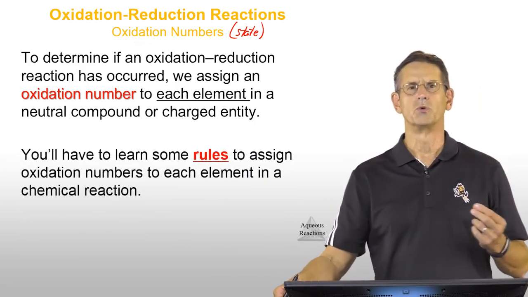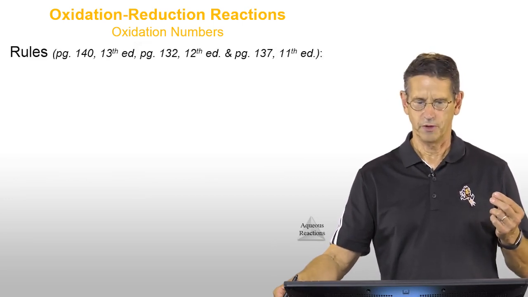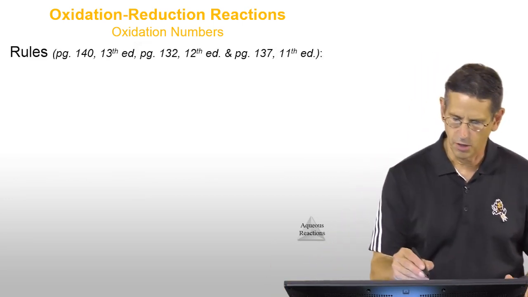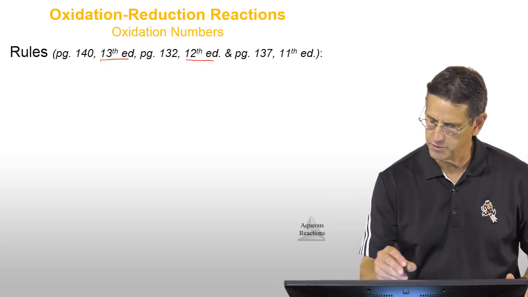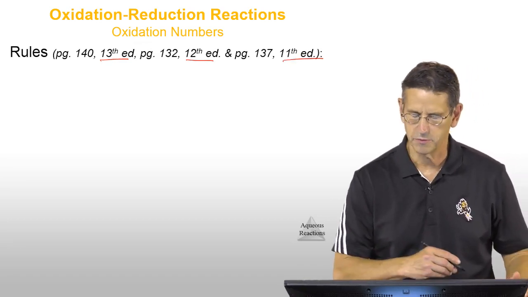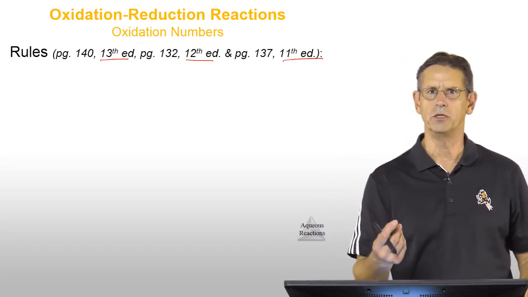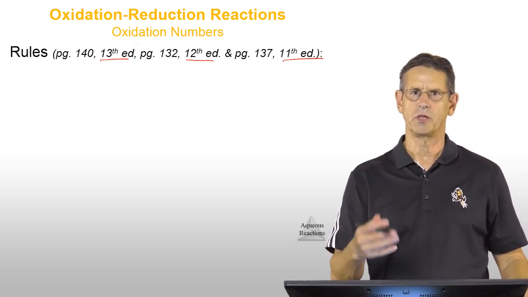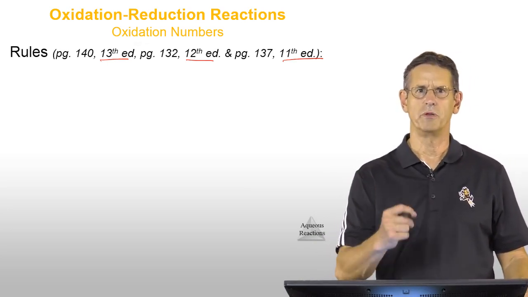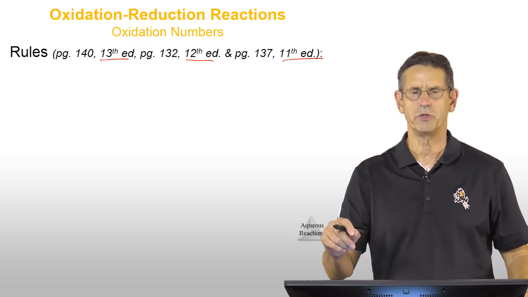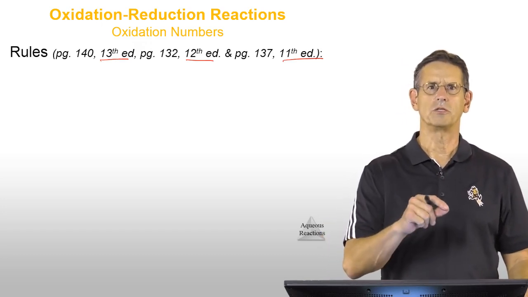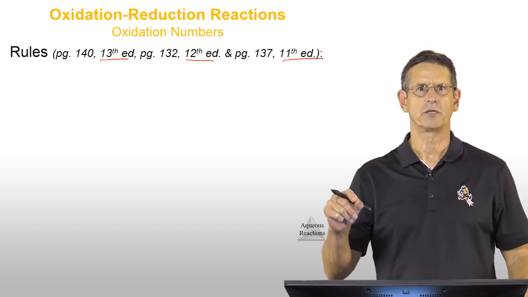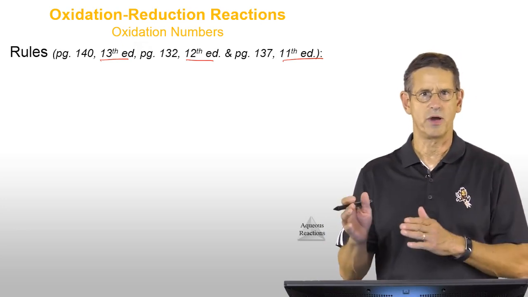These rules are in your book. I've put down the numbers here for the 13th edition, the 12th edition, and even the 11th edition. I'm going to go through each of these very quickly, but as usual for this class, you really need to practice this. You need to be able to get very fast at looking at a complete reaction, assigning the oxidation numbers to each element in the reaction on both the reactant side and the product side.